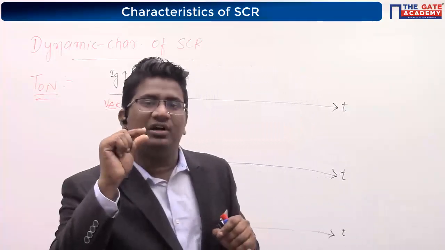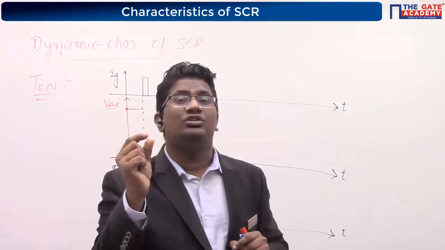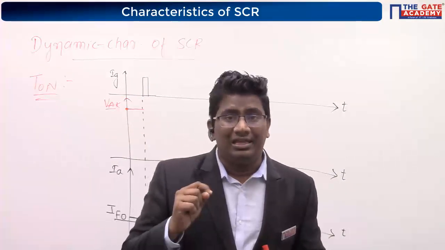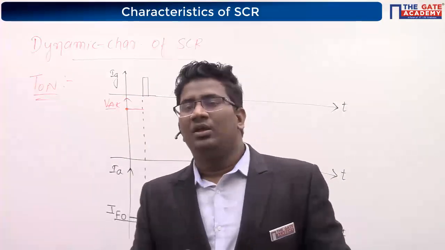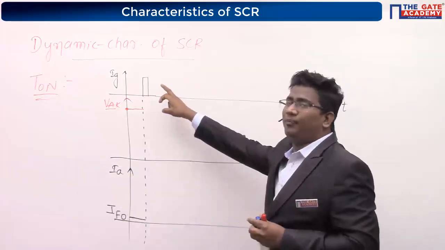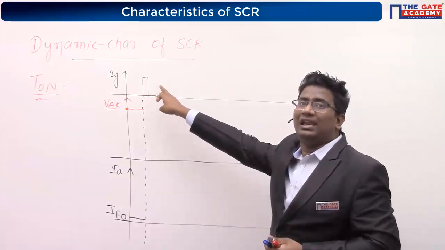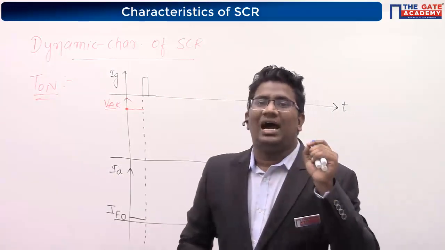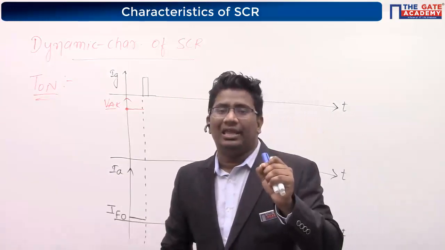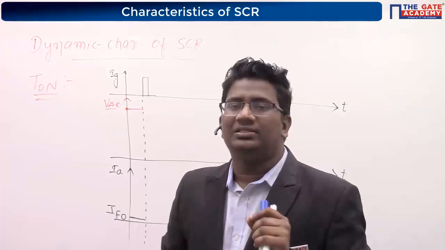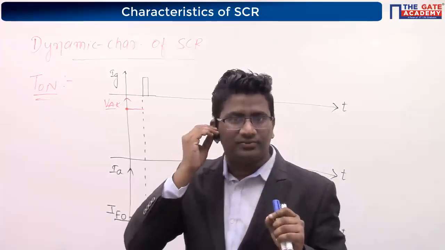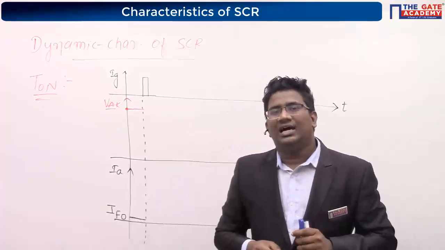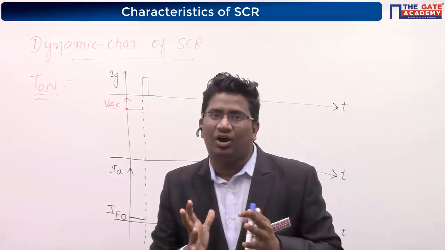That is why I use the word narrow gate cathode section. Once I apply the gate pulse to that narrow gate cathode section, tell me, charge insertion is initiated or not?